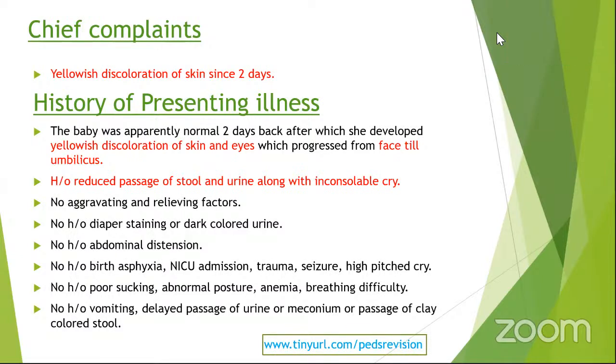So what do you think are the common causes for jaundice? You said physiological, no? Yes, sir. So it must be either breastfeeding jaundice or breast milk jaundice. It must be breastfeeding jaundice. So what is breastfeeding jaundice?